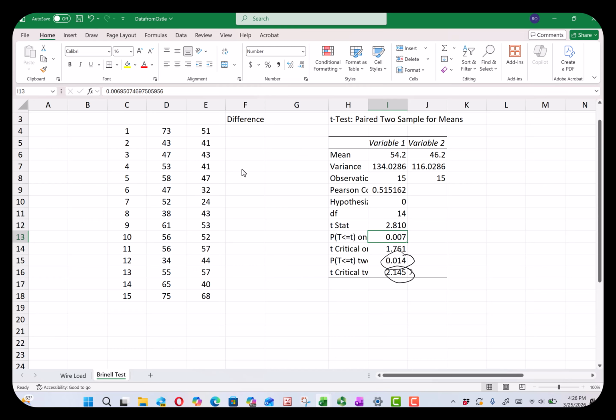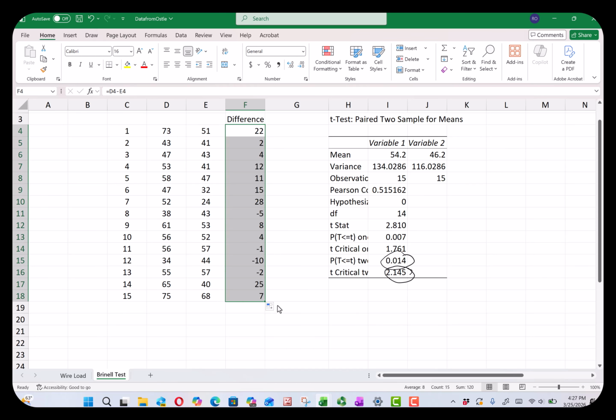The other way to approach this is to calculate the difference between these two values and then use a regular t-test to test for a difference. So in this one, it's equals the first minus the second, and we repeat that calculation on down.